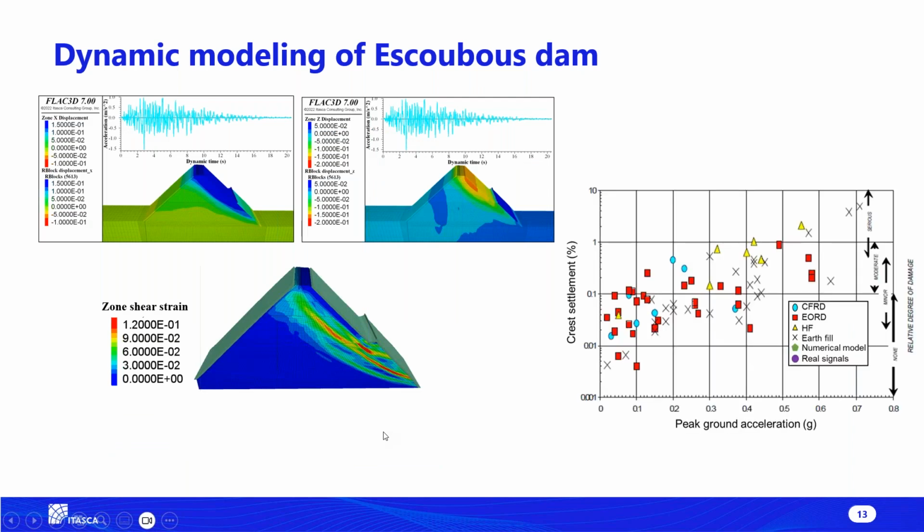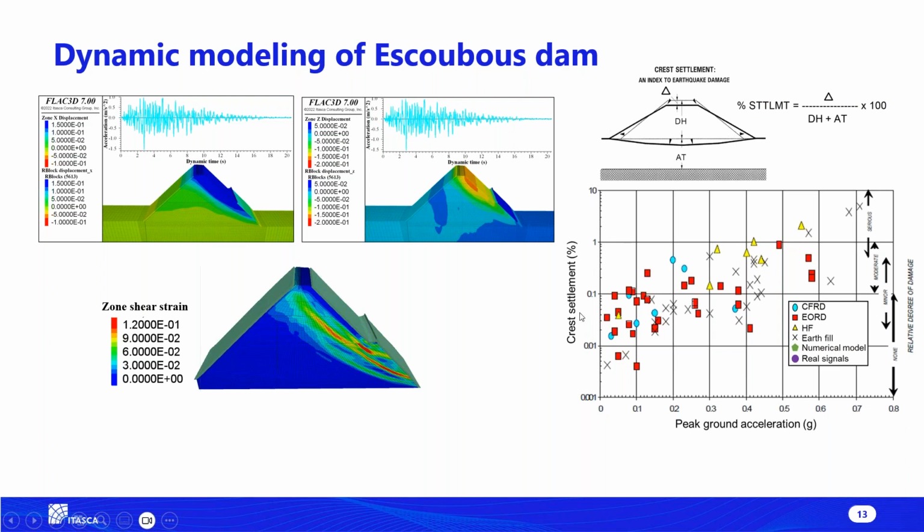Now, if we want to justify our results to see if it's giving some reliable results or not, we try to compare it with some of the historical statistical crest settlements of dams during an earthquake. So we have this table from the literature. It's giving the crest settlement of similar dams as a function of the peak ground acceleration, PGA.